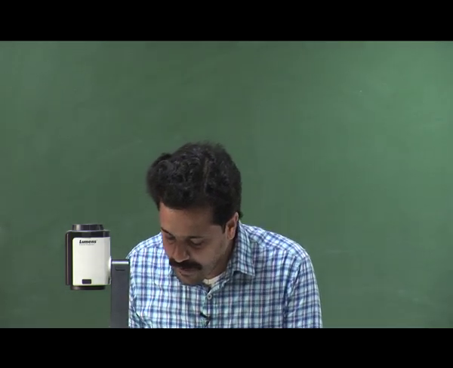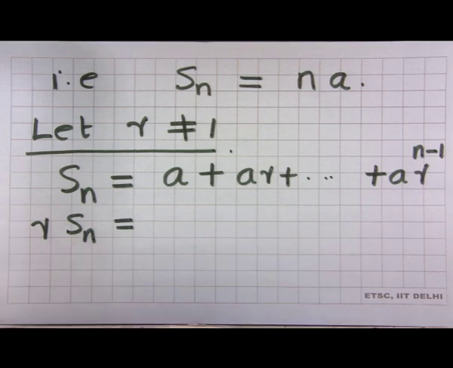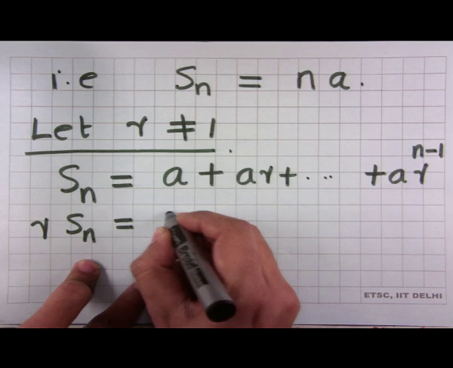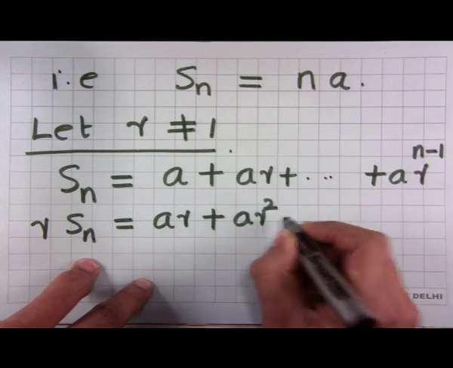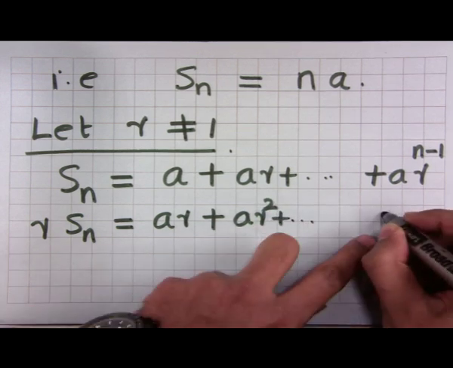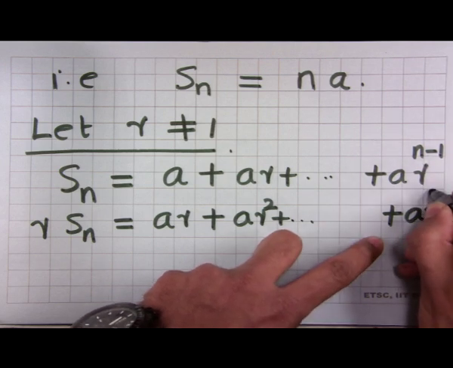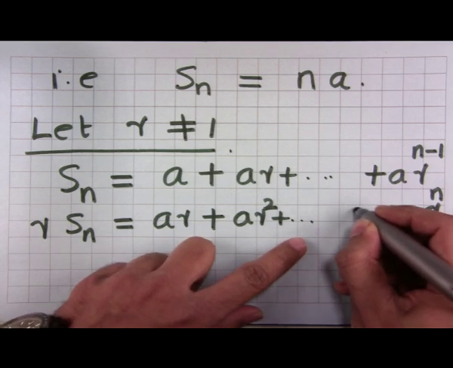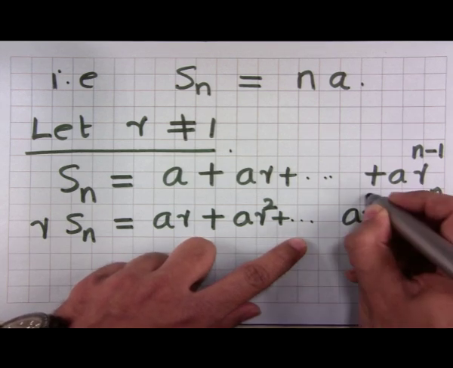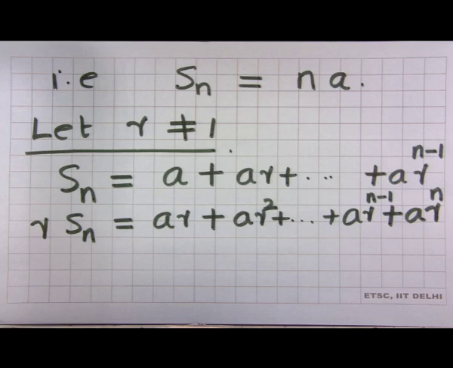Let us find r times Sn, which coincides with ar plus ar square plus etc. The last term when multiplied with r becomes a r power n. Let me write the previous term for you. It will be a r power n minus 1. Do you see it?